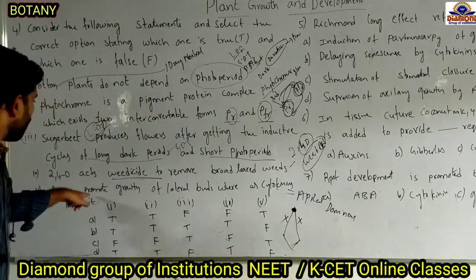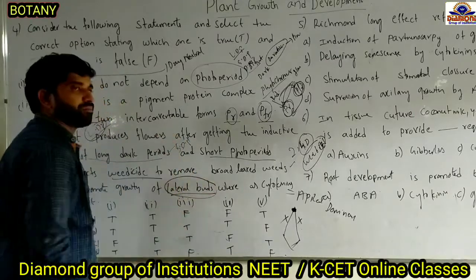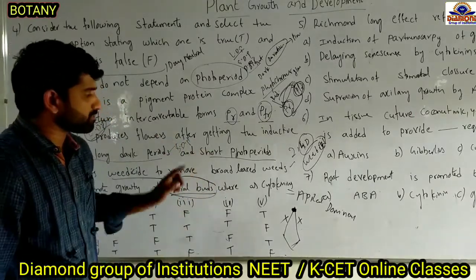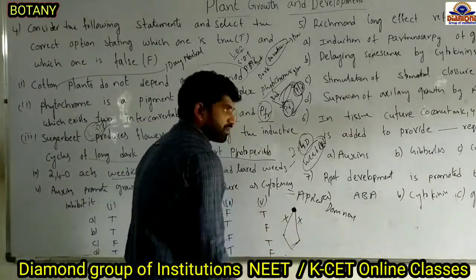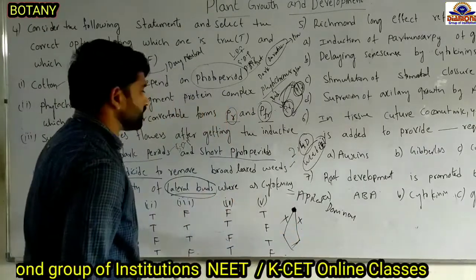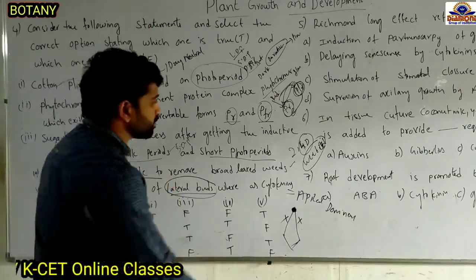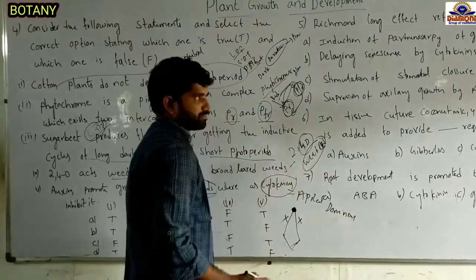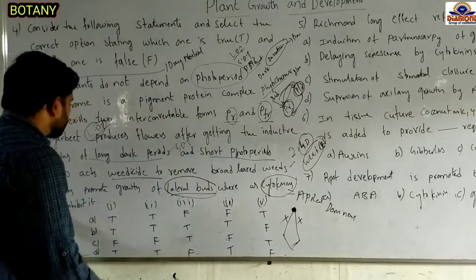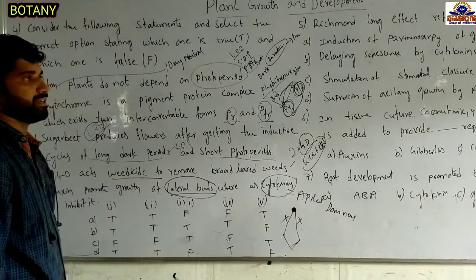But they have given here that auxins promote the lateral buds. Auxins never promote the lateral buds. Auxins are known to show apical dominance. Here cytokinins inhibit, so apical dominance is removed by the cytokinins. So auxins promote the growth of apical buds, it should be, but they have given lateral buds.